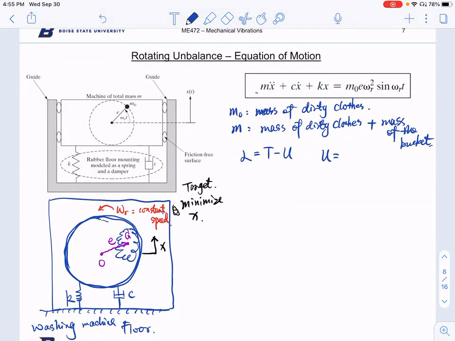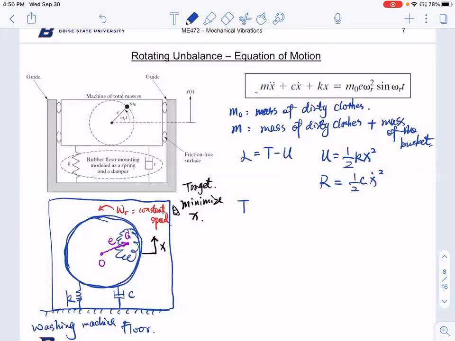So all your potential energy is due to the deformation of the spring. We also need to calculate the Rayleigh dissipation function, that's half c times velocity squared. There's no external force, so no generalized force term.